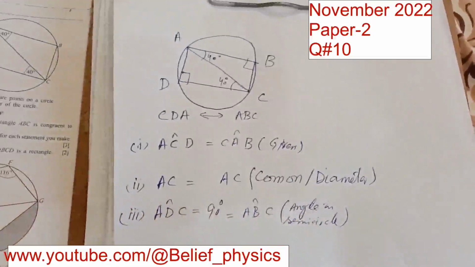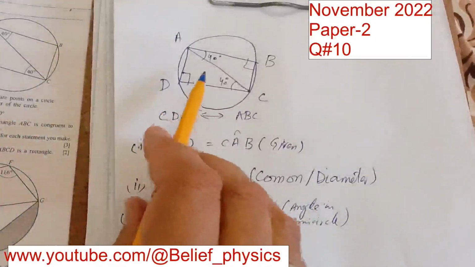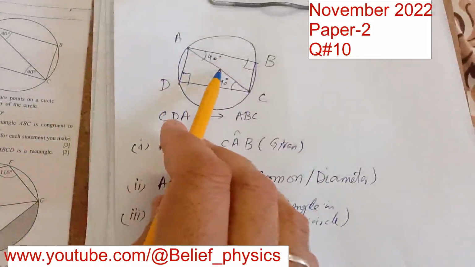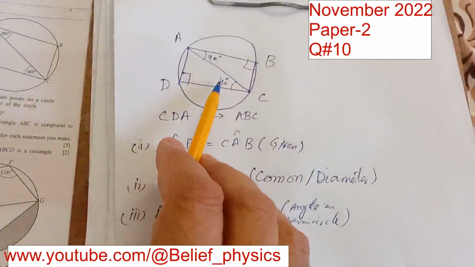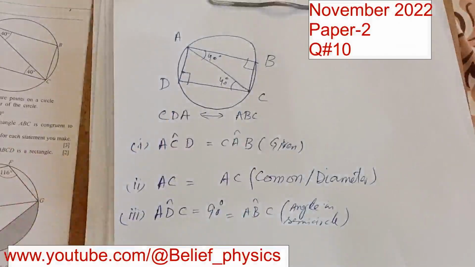So now this is 90, the opposite is 90 degrees, and this one angle is also equal. So when there is a hypotenuse and an angle equal, then these triangles are congruent.